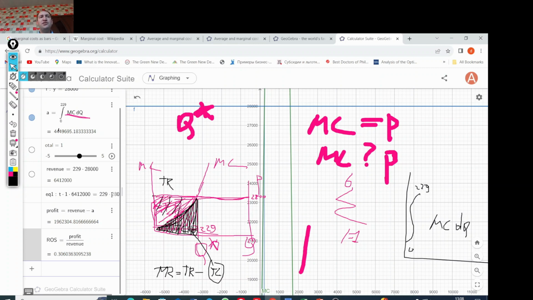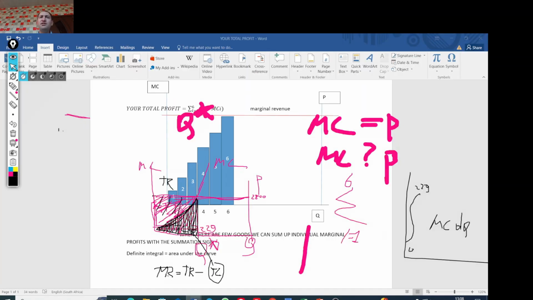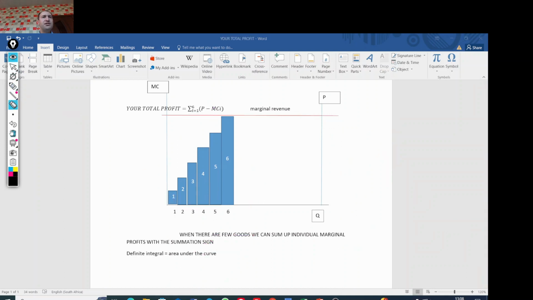We learned two things. In the first case, when we introduced the principle of that rule, comparing marginal cost to the price to decide about the optimal production quantity, we learned to use a summation sign to sum up 6 numbers. Your total profit was given as the marginal profit, the difference between the price and the marginal cost, summed up 6 times, like these bars were summed up.